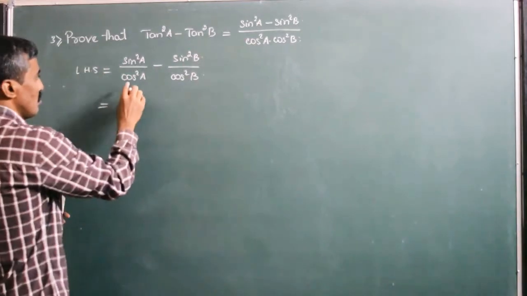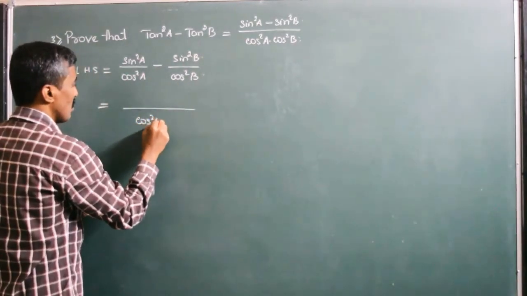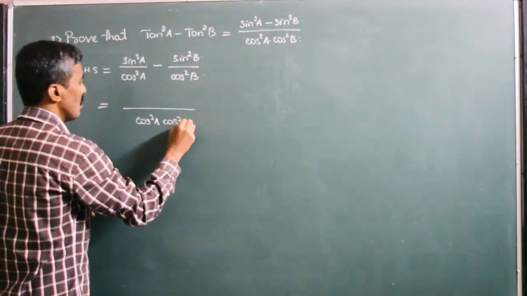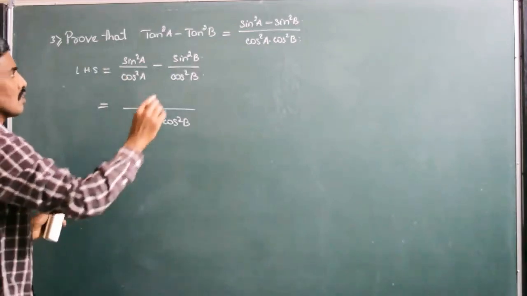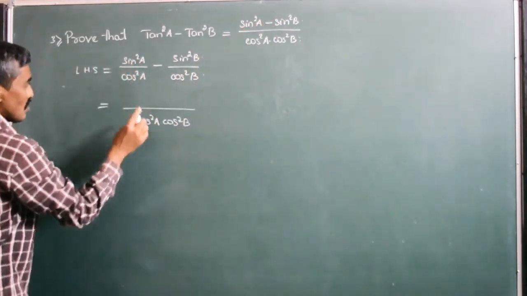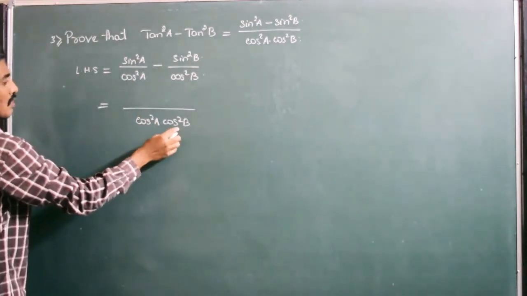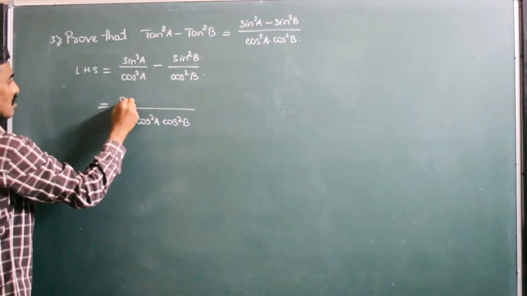The LCM for cos square A and cos square B is cos square A into cos square B. That is our required denominator. Now we have to get only sin square A and minus sin square B. Sin square A over cos square A is there, so we have to multiply by cos square B for the numerator of the first fraction.